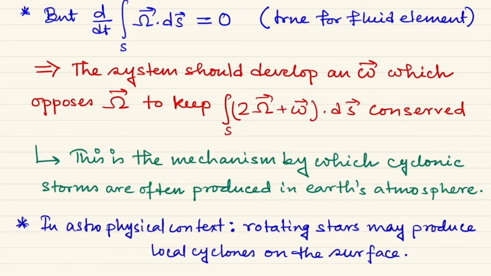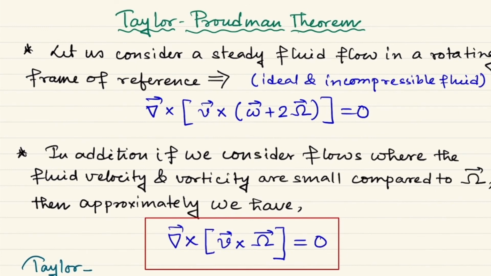Okay. Now, after this topic, in the second part of this discussion, I could have divided the whole discussion into two parts, but this Taylor-Proudman theorem is very much linked with the previous discussion, so that's why I am doing this in one single lecture.